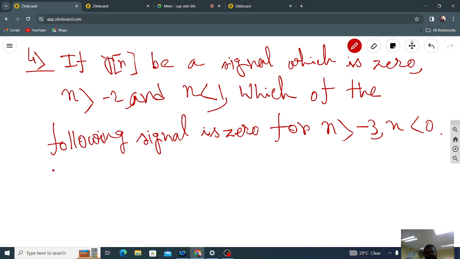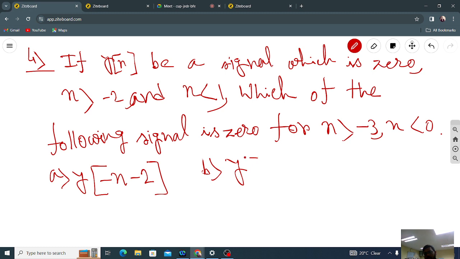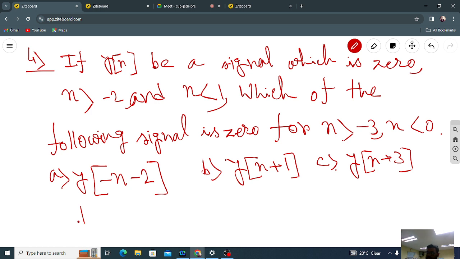The first one is y of -n -2. Then y of n plus 1, y of n plus 3, and y of -n -3.